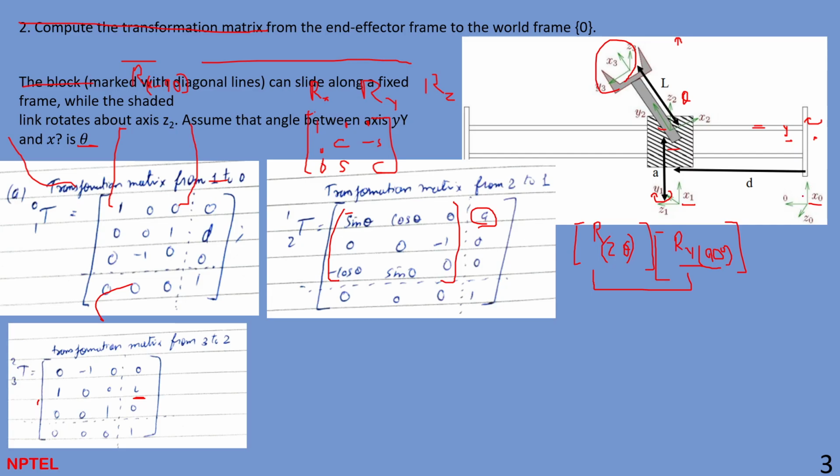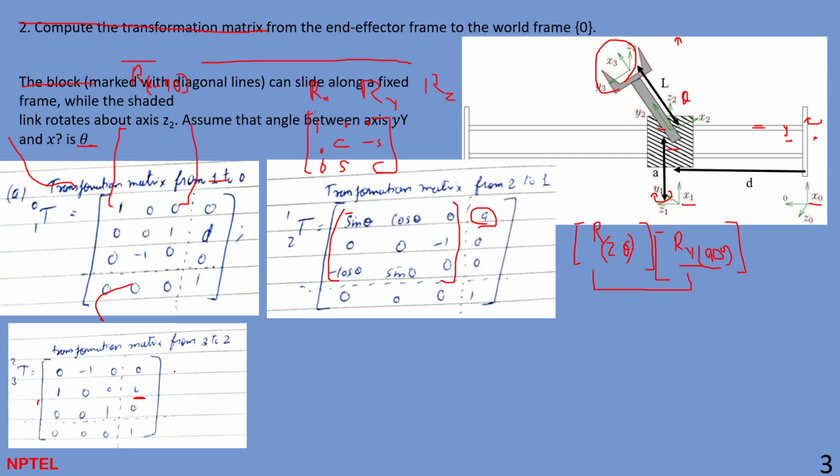So there is this x1 which is rotating. If you look here, I think it is rotating along z3 or z2, right? If you rotate by 90 degrees, x2 will go here and y2 will go here, right?